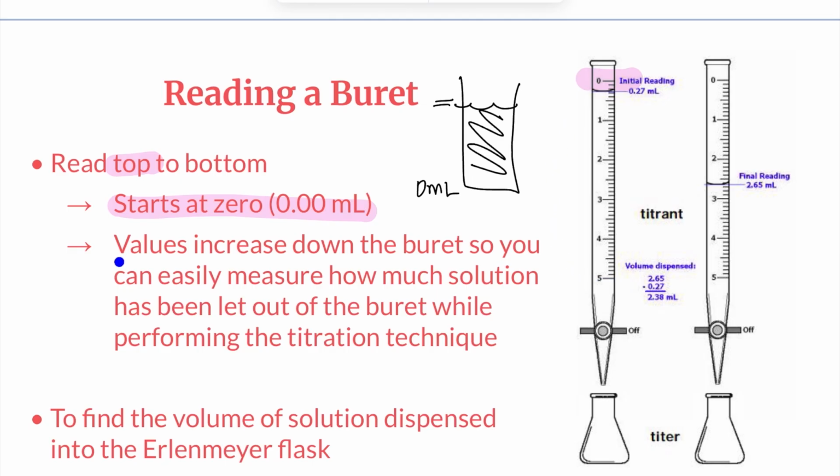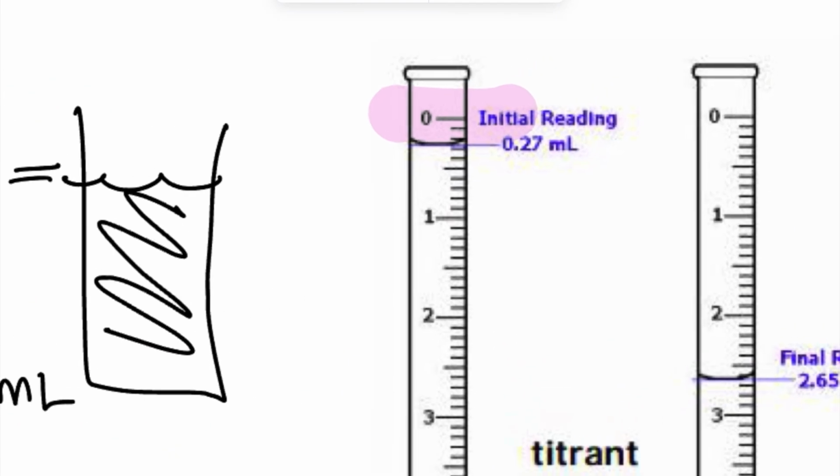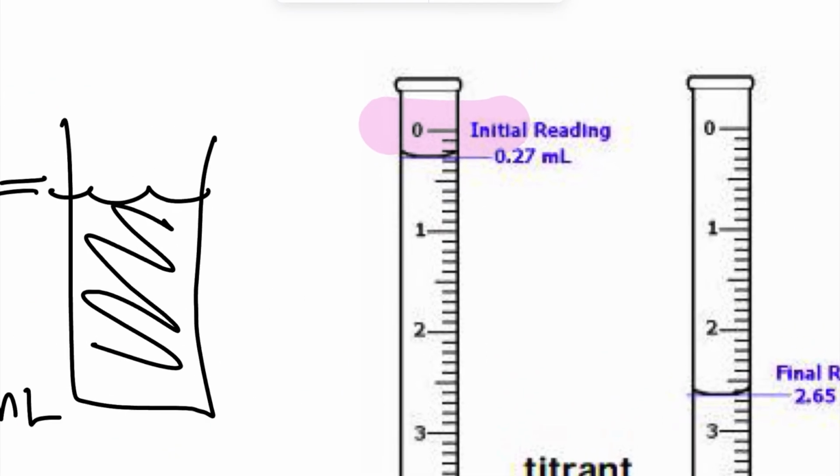And then those increase so we can easily measure how much solution has been let out of the burette while performing that titration technique. And so we have 0 at the top, which means that as we're measuring, we need to pay attention to, okay, if this is 0 to 1, when I'm looking at this initial reading, well, I've got my 0, here's 1, here, 0.1, here's 0.2.